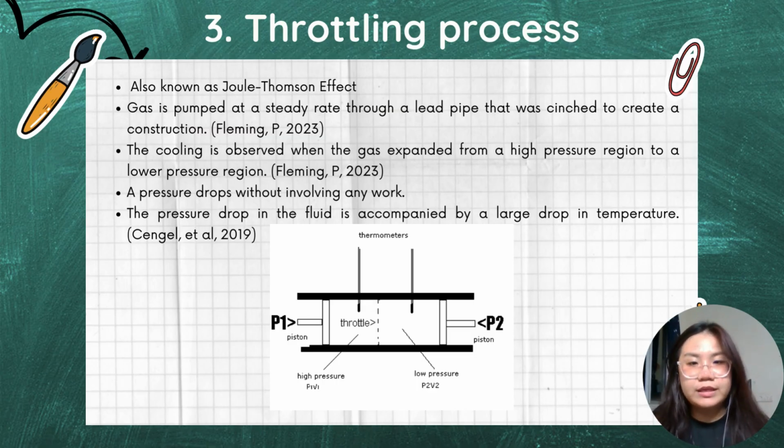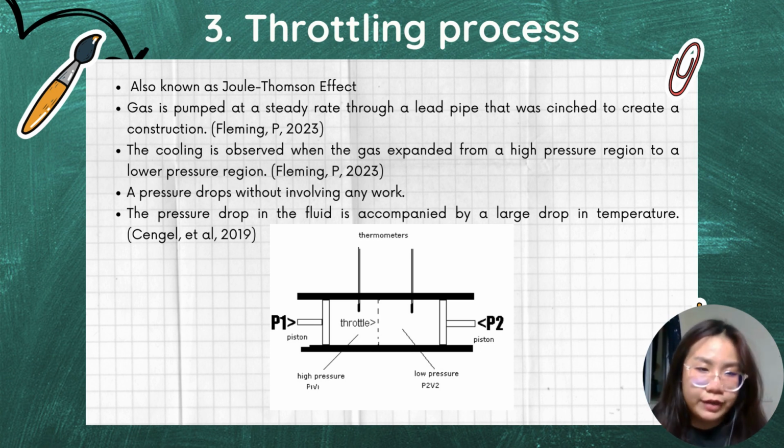The Joule-Thomson experiment is also a throttling process which produces an effect called the Joule-Thomson effect. Gas is pumped at a steady rate through a lead pipe that was cleaned to create a contraction. The cooling effect was observed when the gas expanded from the high pressure region to the lower pressure region. So a pressure drop happens without involving any work.